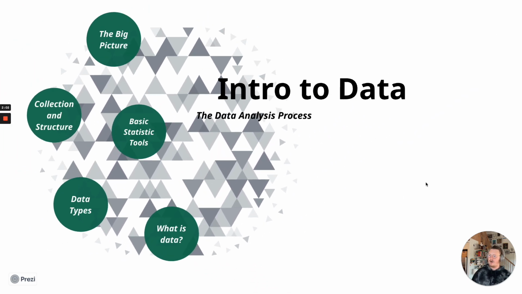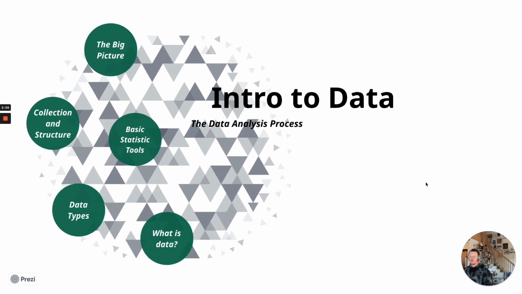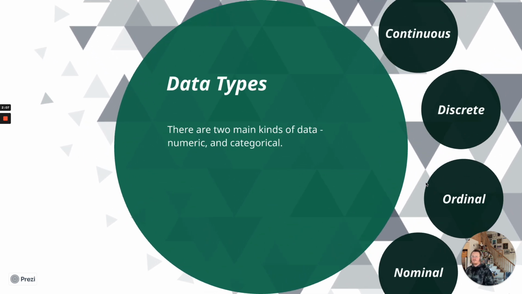So next question, let's talk about data types. There are two main kinds of data: numeric and categorical. Numeric is going to be in numbers, like how far do I drop this egg before the egg breaks? You can measure that.